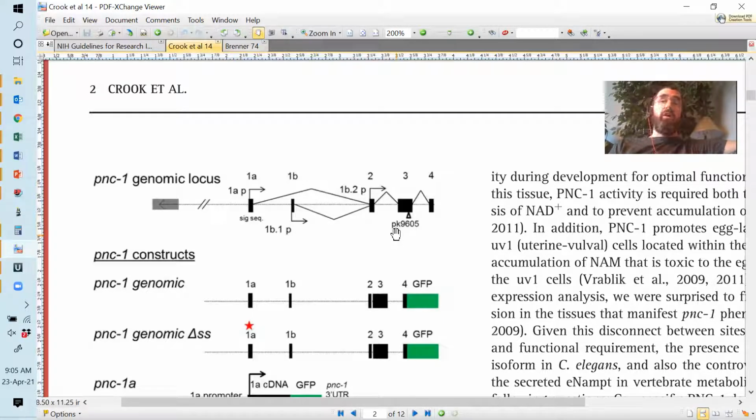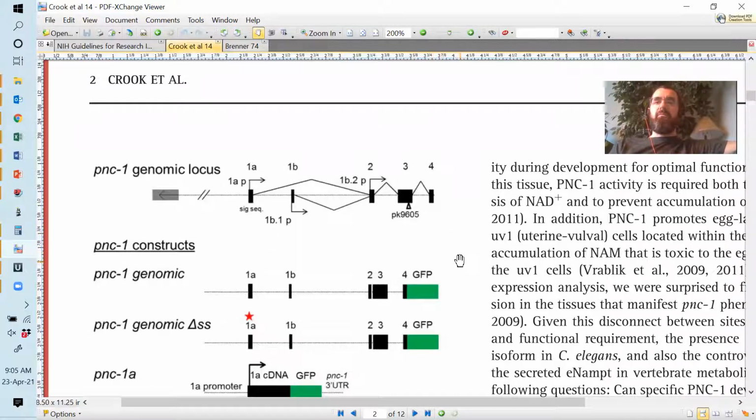We didn't look at time in terms of development, because that would have been a huge effort. And we didn't look in response to stimuli. So we actually don't know what controls these promoters, or what regulatory elements are present here. That's a very, very hard question to ask. But we do know where they're expressed.